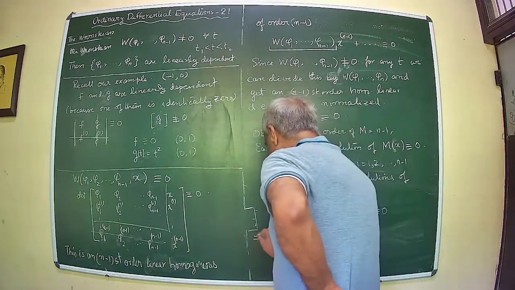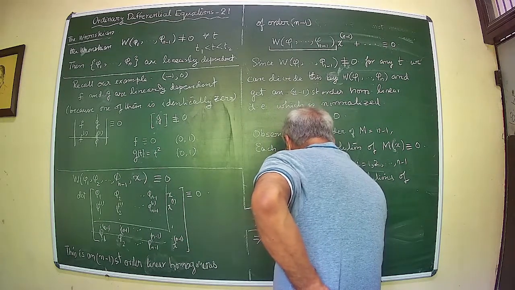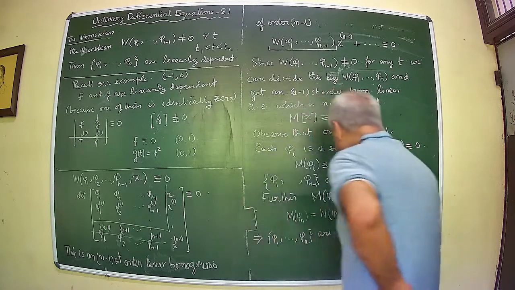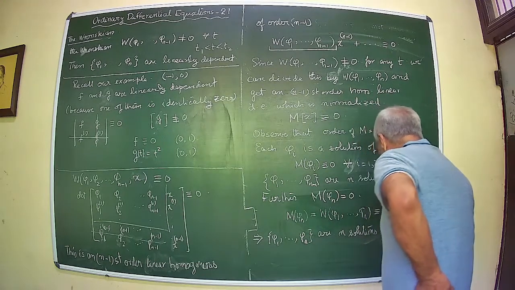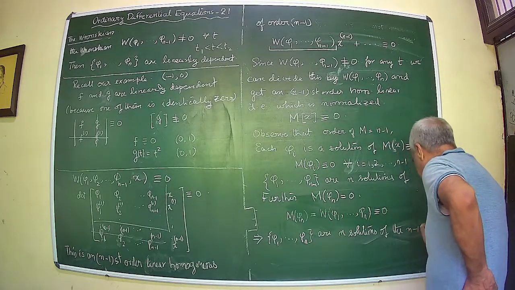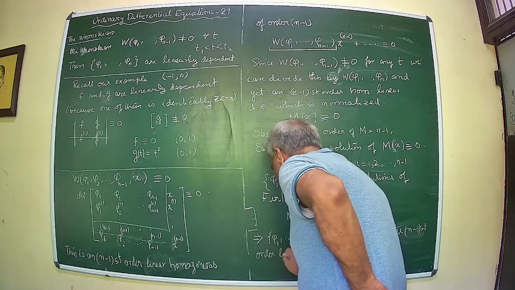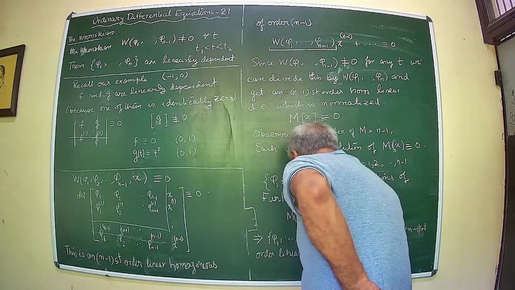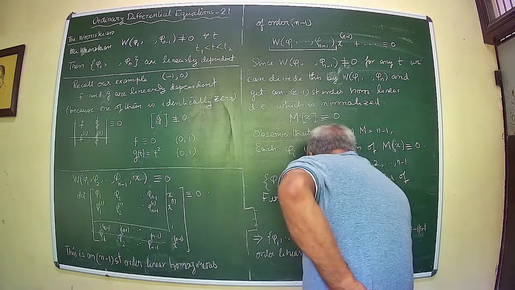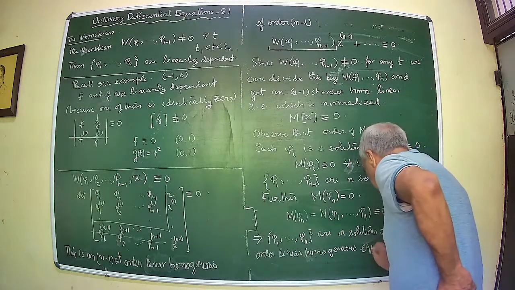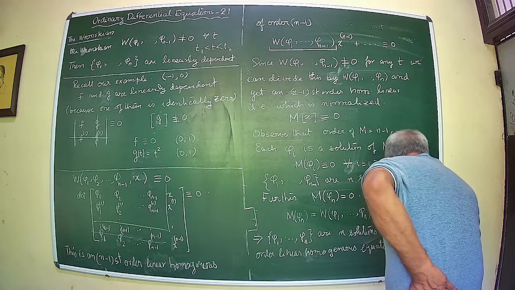So it implies phi 1 to phi n are n solutions of the n minus first order linear homogeneous equation mx equal to 0.